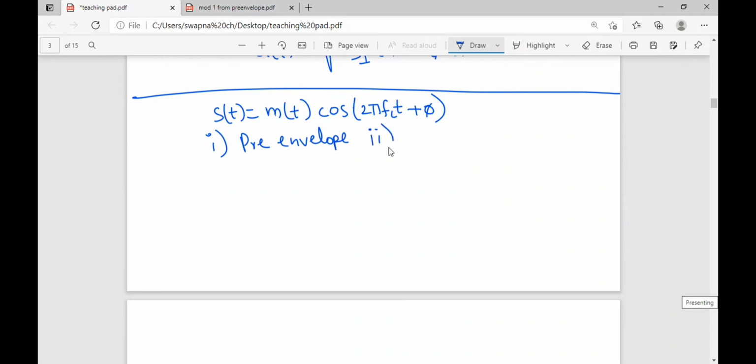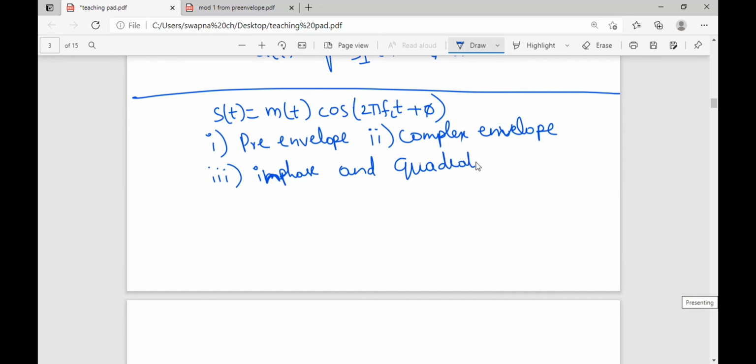Second one is complex envelope. Third one is in phase and quadrature component. So all this you need to find now.